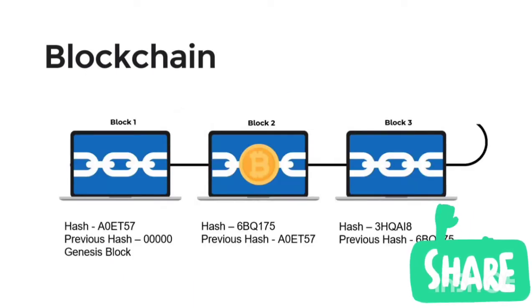Let's take an example. Here we have a chain of 3 blocks. As you can see, each block has a hash and the hash of the previous block. So block number 3 points to block number 2 and block number 2 points to block number 1. Now the first block is a bit special. It cannot point to a previous block because it's the first one.